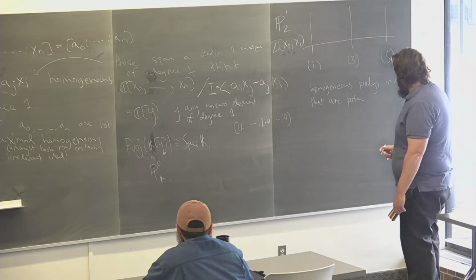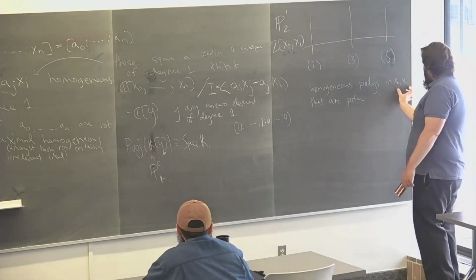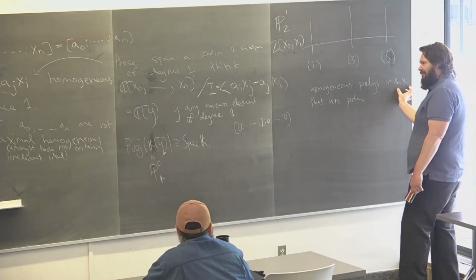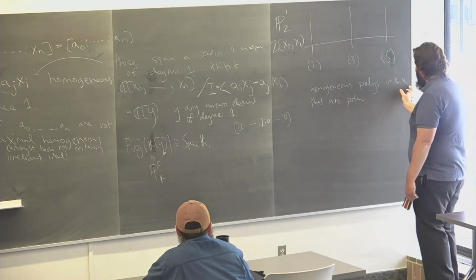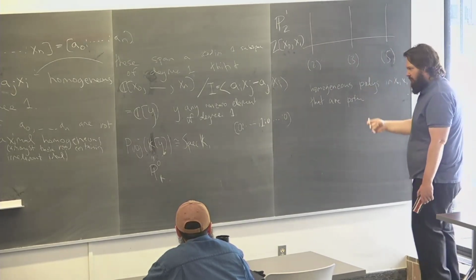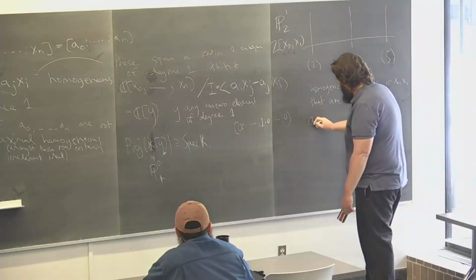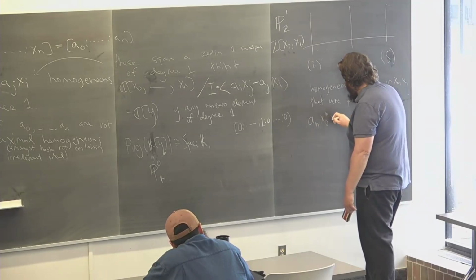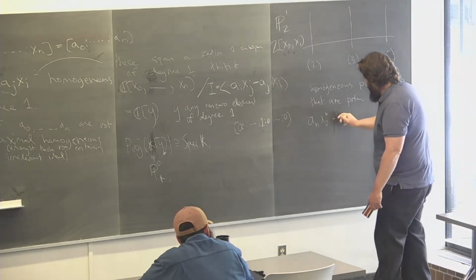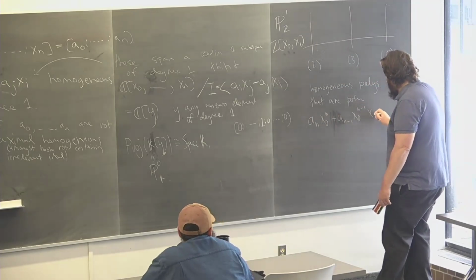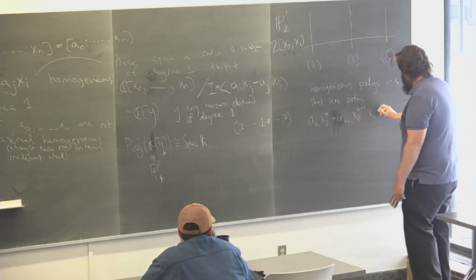And if I think about what these are going to look like, because it's homogeneous and I have 2 variables, I just have the degree of homogeneity, and then I tell you how many powers of x0 I have, and it determines how many powers of x1 I have. So I have some a_n x0 to the n, oh, there's no x1 then, a_{n-1} x0 to the n minus 1, x1.